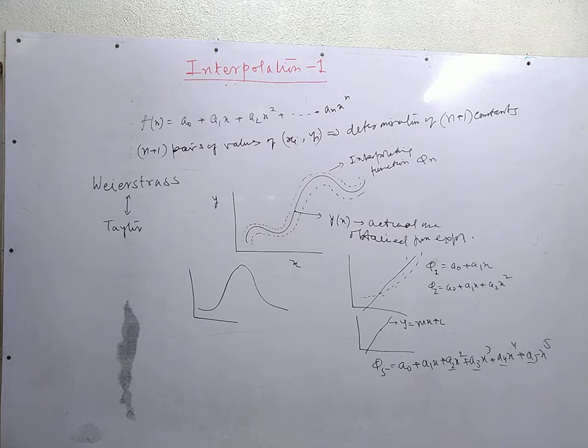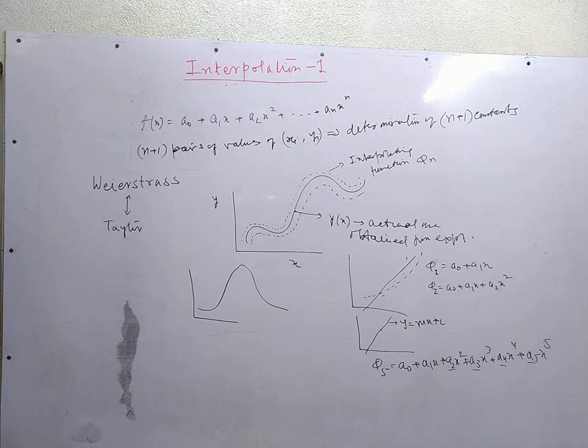This is a holistic approach because we are summing the square of the error. In the interpolation technique, we approximate the actual function by a suitable function. It could be a trigonometric function, then we call it trigonometric interpolation.